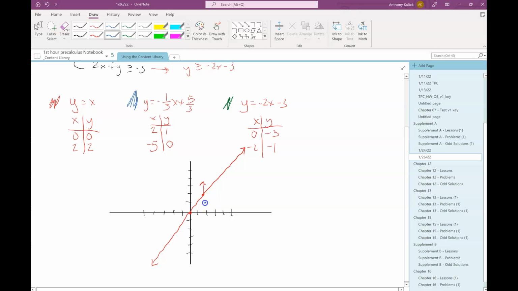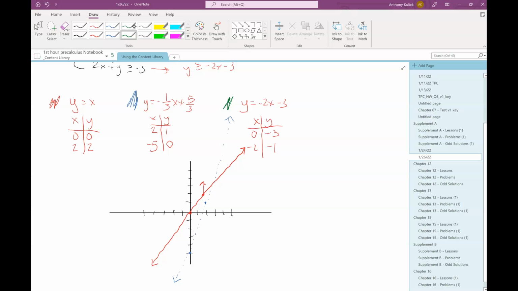Let's see, so my next one, I'm going to graph the point 2, 1, and the point 0, negative 5. And this one is a strict less than. So this one gets a dashed line. I tried to draw that straight. It doesn't look very straight, but we're going to go with it.